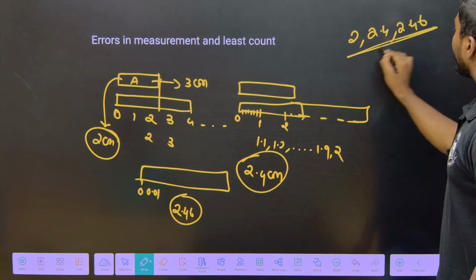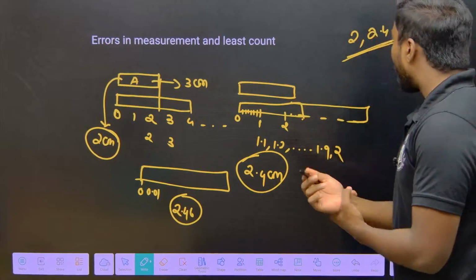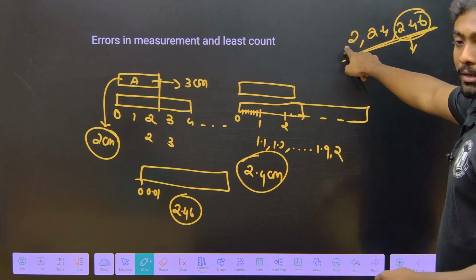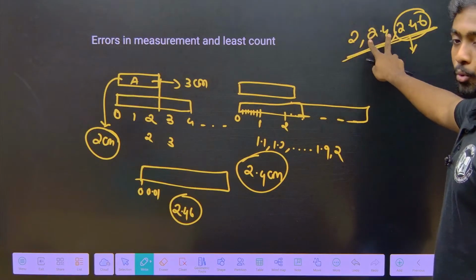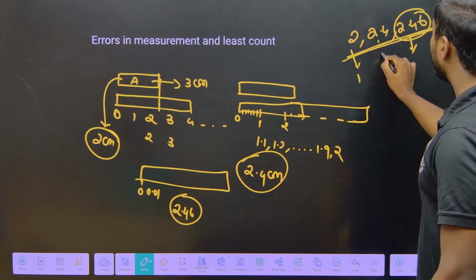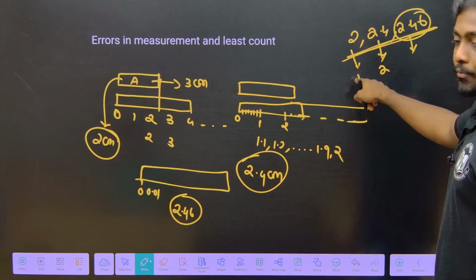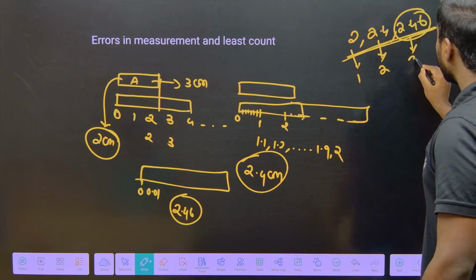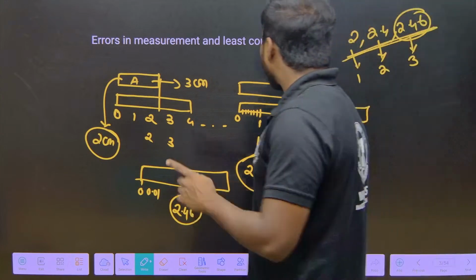In this case there are three values: 2, 2.4, 2.46. Which is the most accurate value? 2.46 is the most accurate. The first has one number, the second has two numbers, the third has three numbers. These numbers are significant figures: 2 has 1 significant figure, 2.4 has 2, and 2.46 has 3.